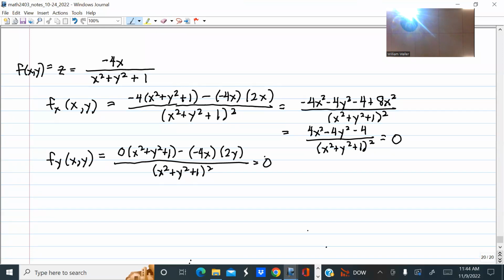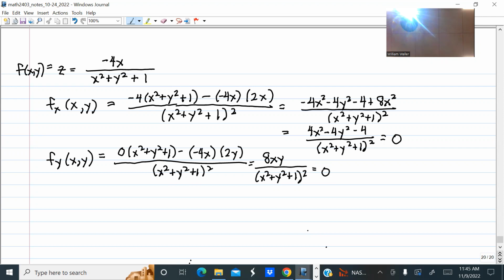And again, we're going to set that equal to 0, but we can simplify that a little bit first. I'm getting ahead of myself. We can simplify that and get positive 8xy over (x squared plus y squared plus 1) squared equal to 0.